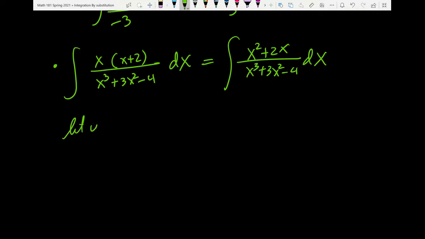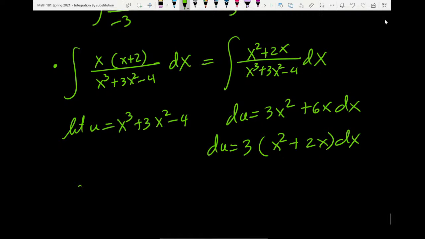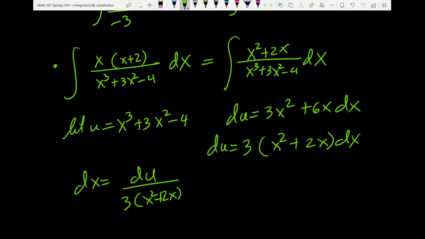Now let u be x cubed plus 3x squared minus 4. du would be 3x squared plus 6x dx. If I just simplify that, this gives me 3 times x squared plus 2x dx. So dx equals du over 3 times x squared plus 2x.